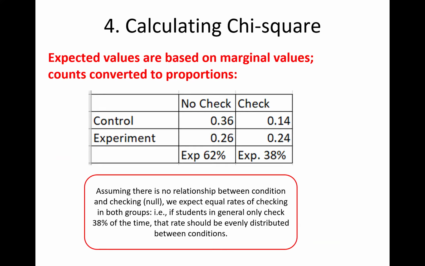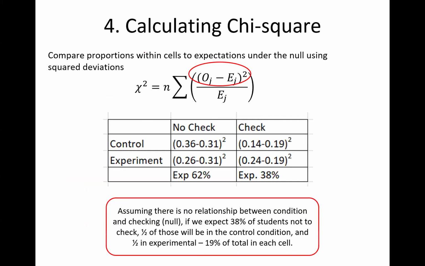So assuming there's no relationship between the condition and checking, the null, we expect equal rates of checking in both groups. If students in general only check 38% of the time, that rate should be evenly distributed. It's not. They're not both 0.19. One is 0.14 and one is 0.24. So we want to see whether or not that's statistically significant.